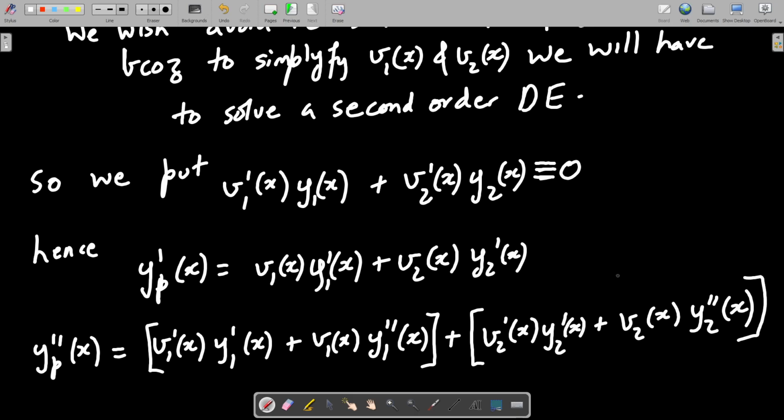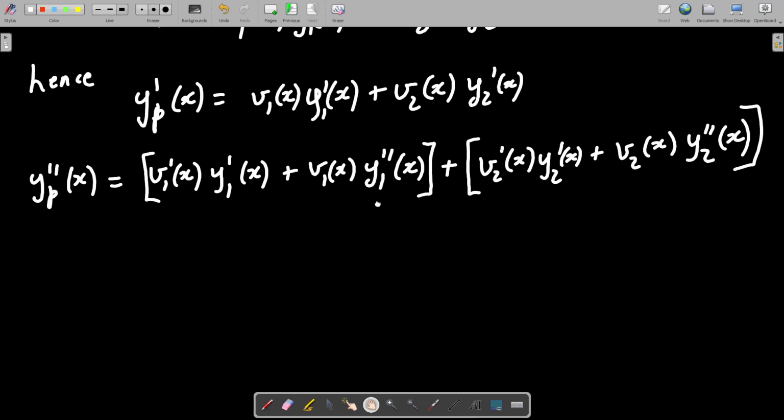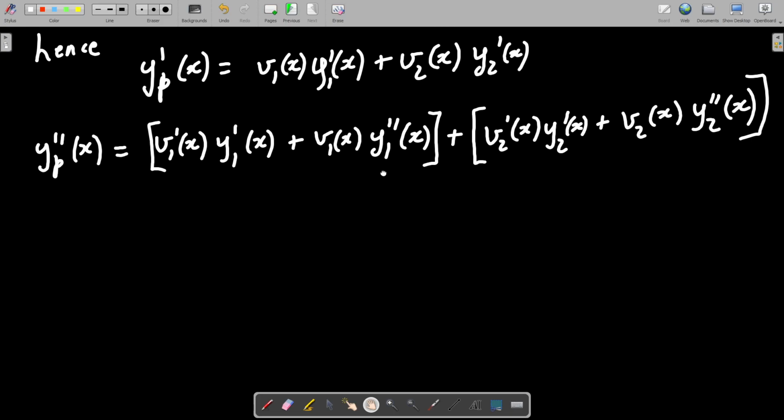So this is what we will get if we do this. Collecting all the terms together, is there anything to collect here together? No, so let it be like this only.